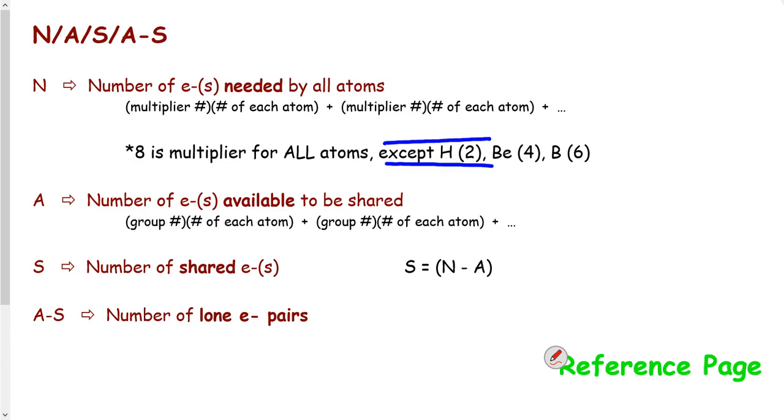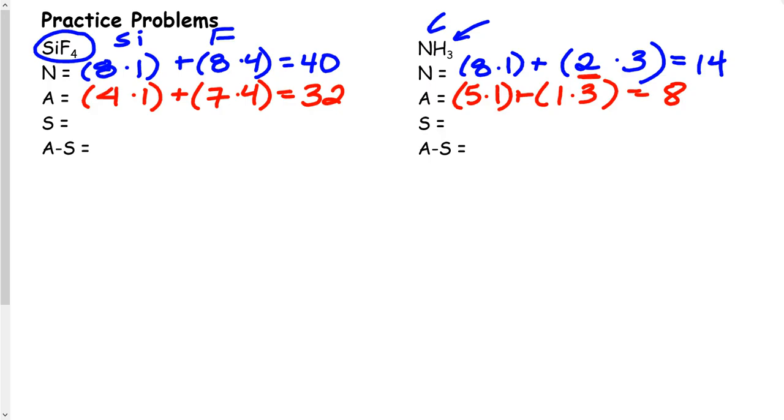As we go back to our reference page, the next thing we're going to look at is our S value, which is the number of shared electrons. This is a very easy calculation. The shared electrons is simply the N value minus the A value. At silicon tetrafluoride, our N value is 40 and our A value is 32.